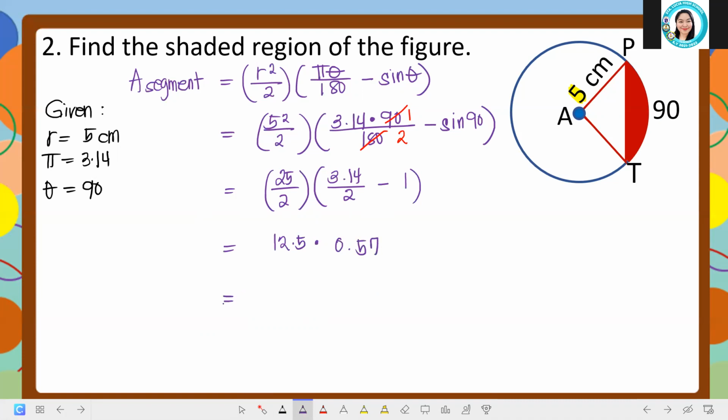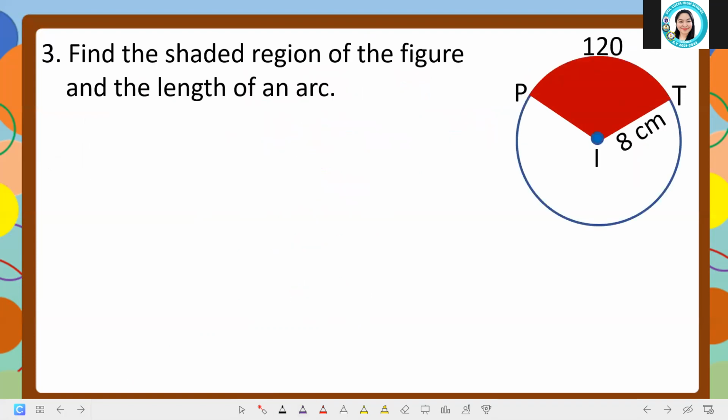Therefore, the area of a segment is 12.5 times 0.57. And that is equal to 7.13 cm squared. Okay, so that is the area of the segment. So, ganun lang kadali for area of a segment and area of a sector. Meron pa bang susunod? Ayan, ito naman.